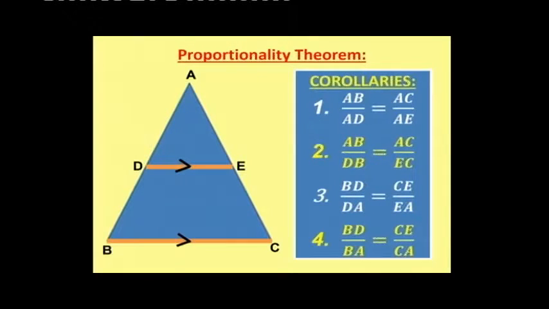Here we have BD over DA, bottom over top, bottom is CE over EA, and then just the last one, BD over BA. BD is the bottom over the whole, bottom here is CE over the whole CA.